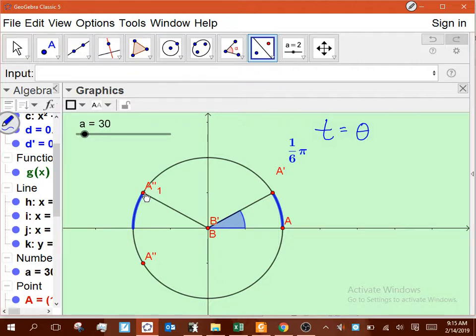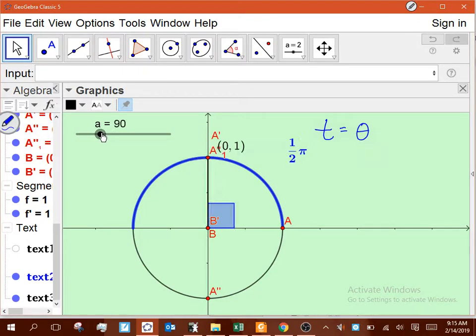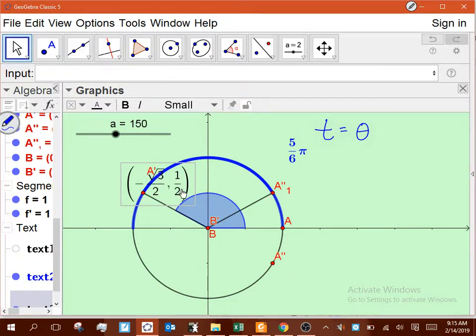Does that make sense, everybody? So if I show that ordered pair there, and then commit that to memory, radical 3 over 2, comma 1/2, come over here, negative radical 3 over 2, comma 1/2. Same value, same quantities, but the x is now negative, right? Does that make sense, everybody?